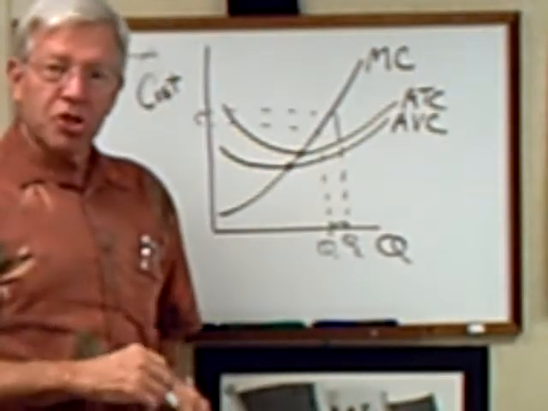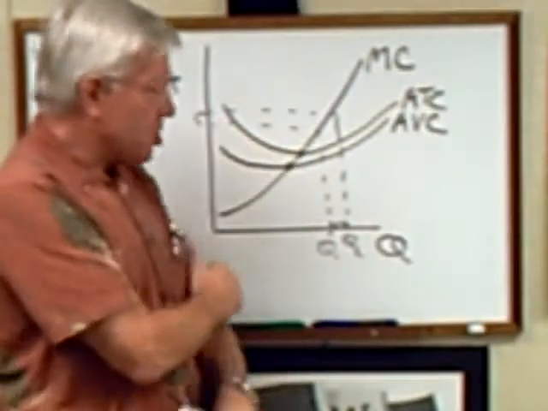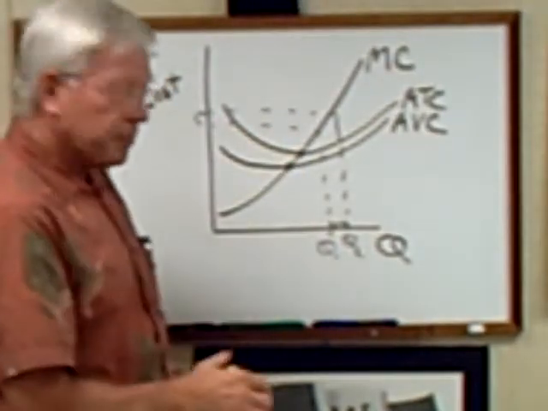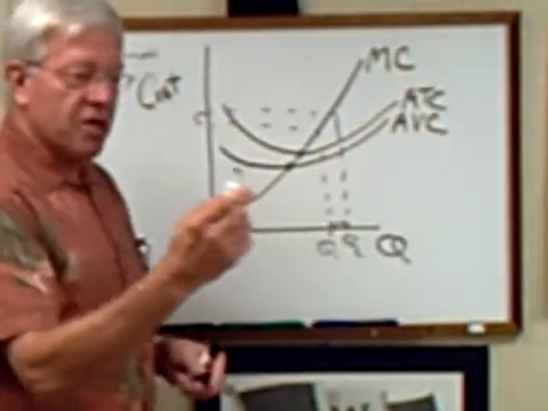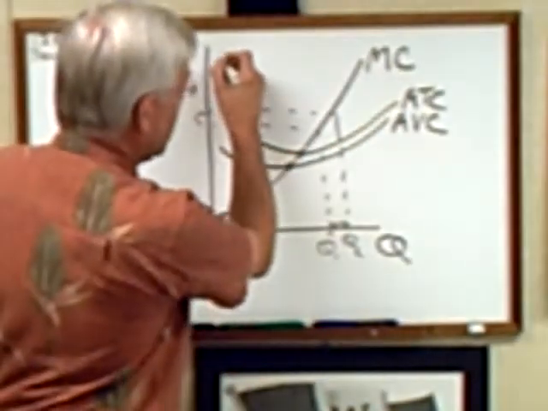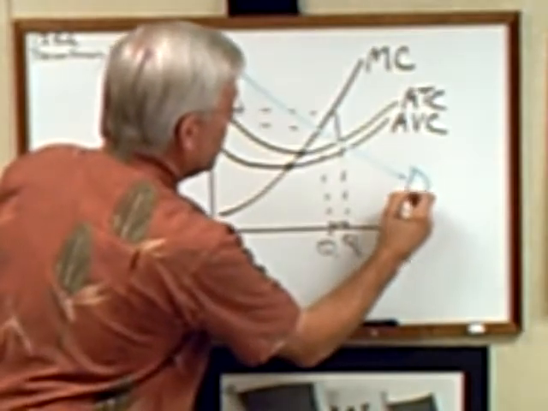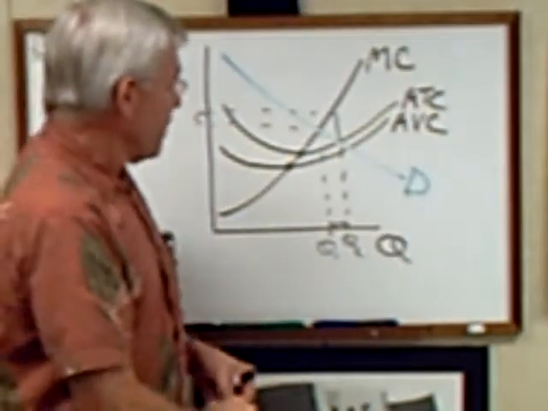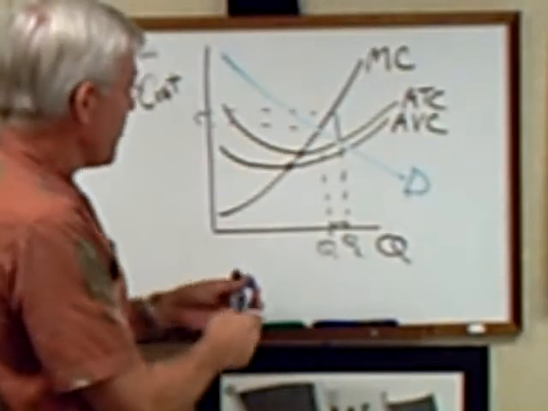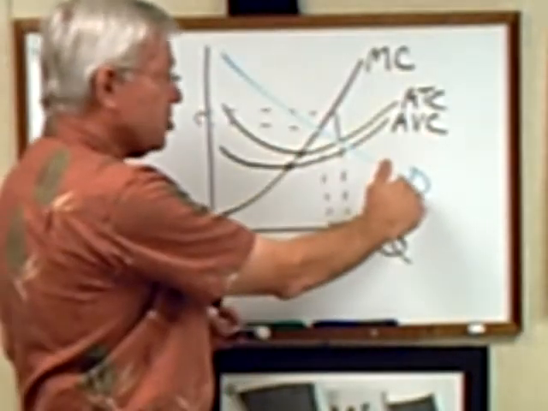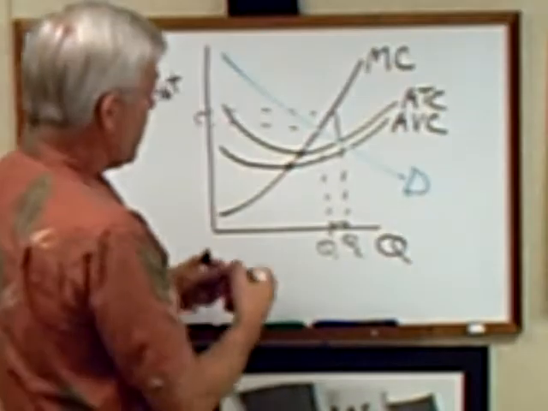Now let's superimpose on this cost curve, cost structure, a sample demand curve. And let's see if the blue marker will show up. I hope you can see that. Now, here's what the company is going to see for this picture. The demand they face, downward sloping, is there.